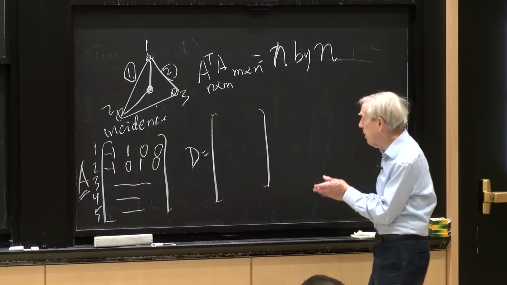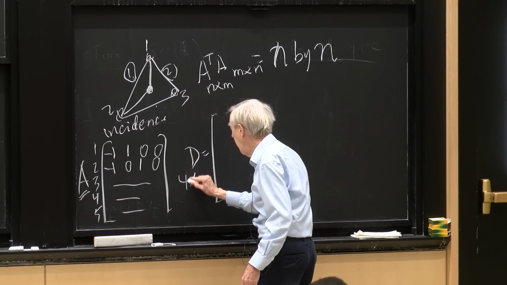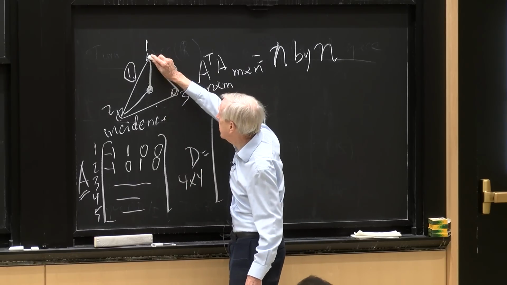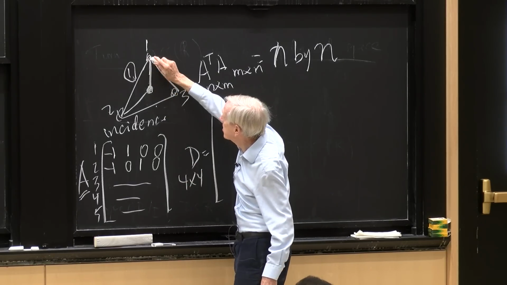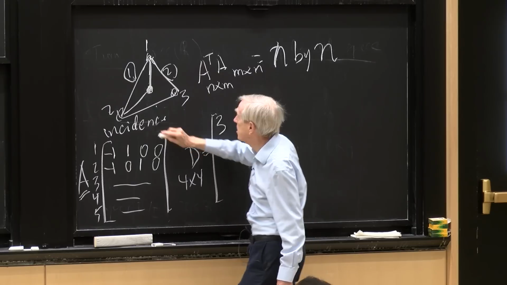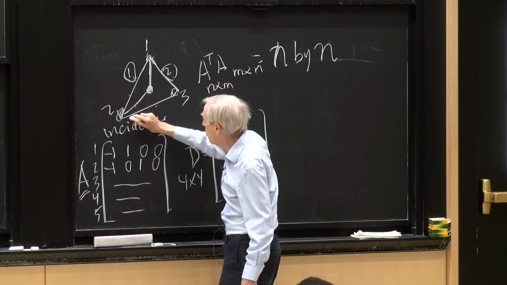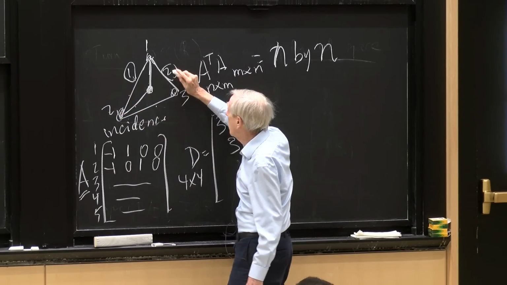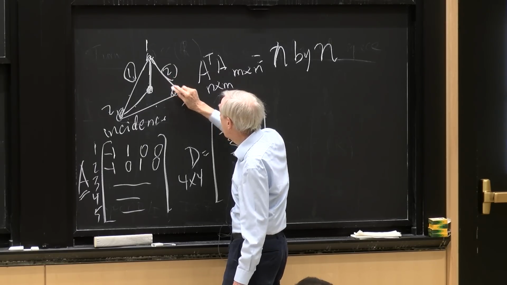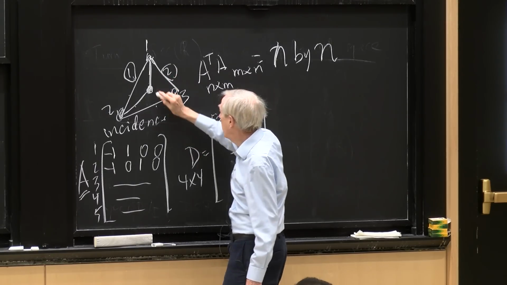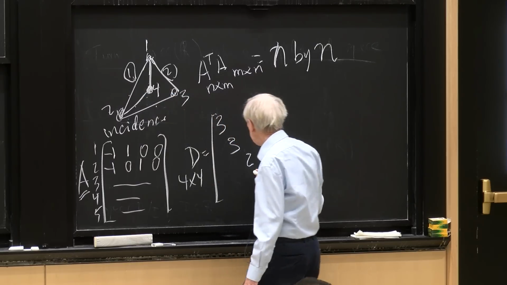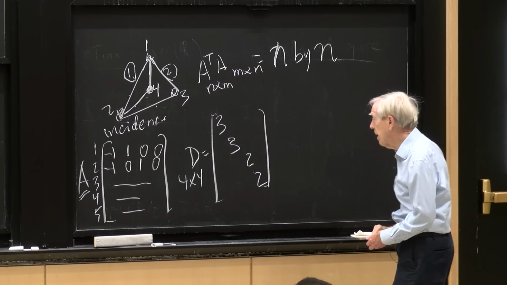So the degree matrix will be 4 by 4, N by N. And it will tell us the degree of each node, which we just count as the edges. So node 1 has 3 edges going in. Node 2, 3 edges going in. Node 3 has just 2 edges. And node 4 has just 2 edges in. So that's the degree matrix.